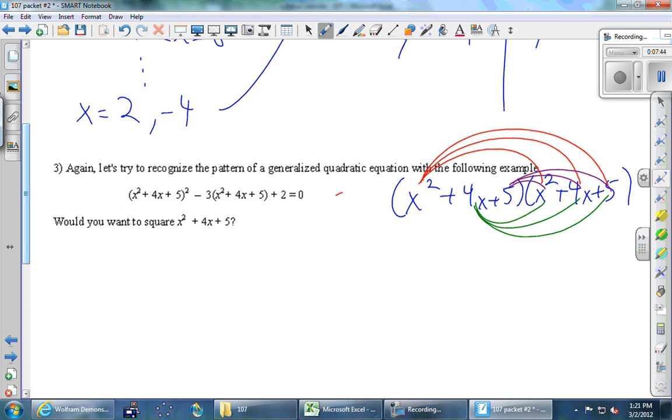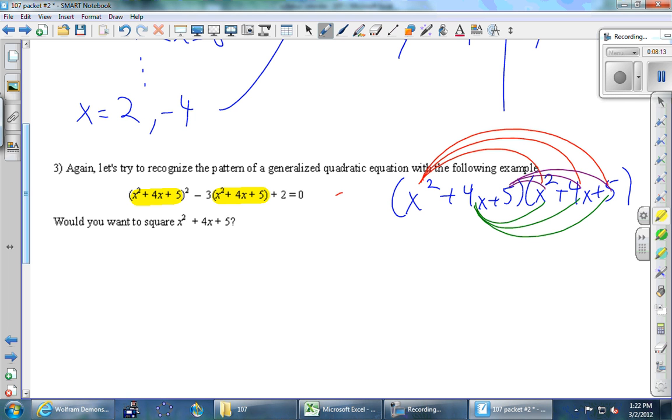So much better is to recognize that there's a pattern happening here. There's something being squared, and then do you see what I want you to see? What's the other thing you're supposed to see in this? We might end up factoring some stuff, yeah? It's because the x squared plus 4x plus 5 is there in 2 different spots.